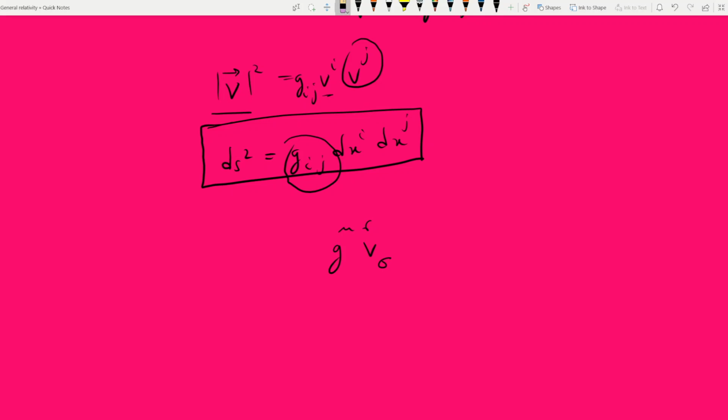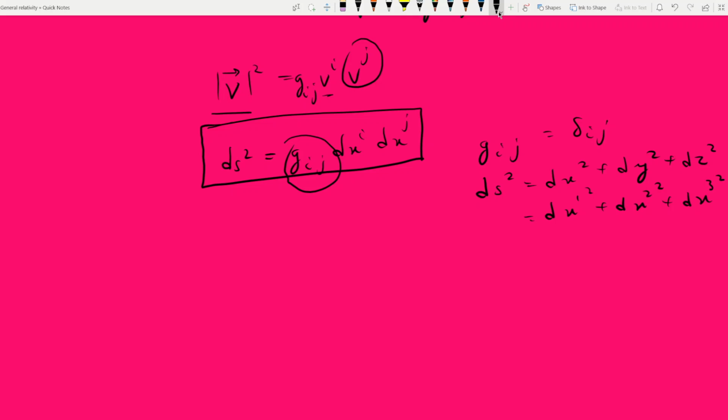Oh, one thing to note is that when you are dealing with Cartesian coordinates, this gij basically becomes the Kronecker delta ij. Why? Because in Cartesian coordinates we have ds squared equals dx squared plus dy squared plus dz squared, right? We can write this as dx1 squared plus dx2 squared plus dx3 squared.